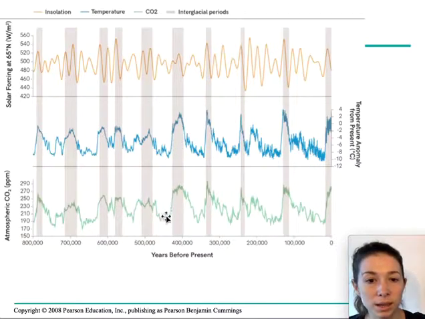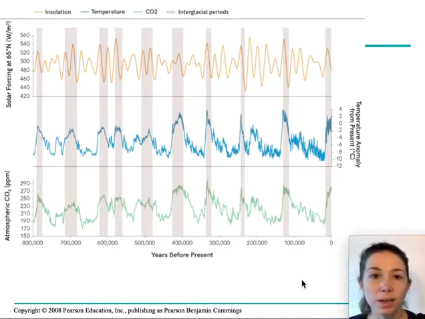So we see that these two values are quite closely correlated. Here's the carbon dioxide going up again, here's the temperature going up again. And again here, and this peak over here, and this peak over here, and then they go down similarly. So carbon dioxide presence in the atmosphere and temperature on Earth are and have always been very, very closely linked.